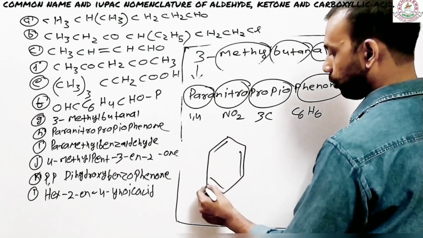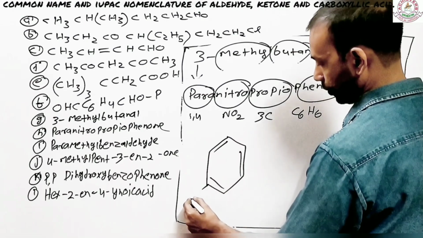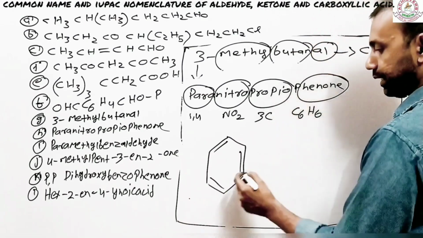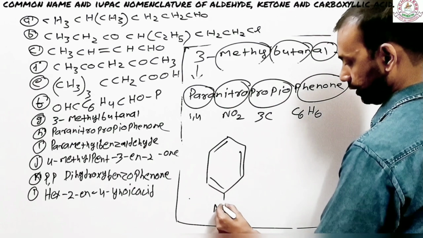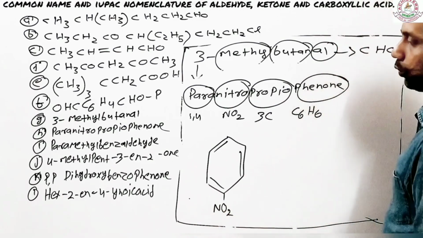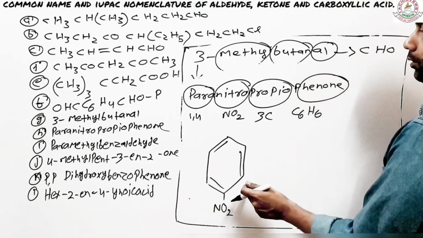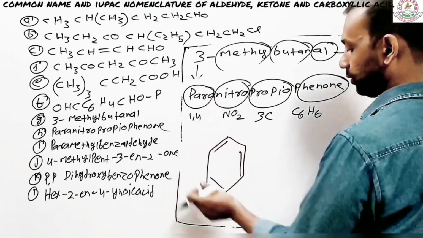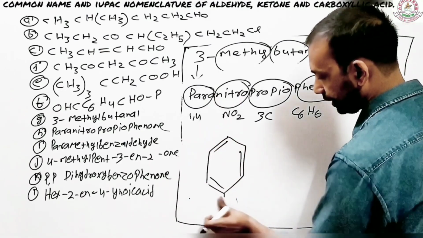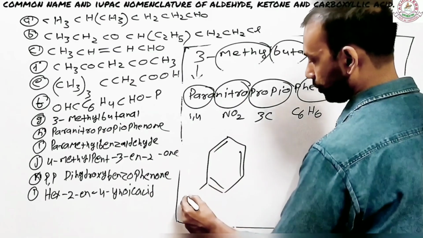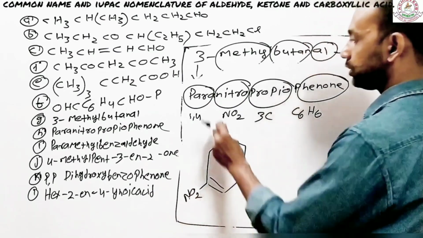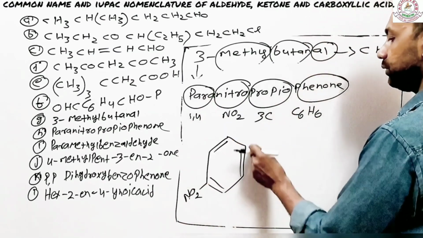Now, place anywhere you want this nitro, like I'm placing it right here. Since it was a para position, there is lack of space, so I'm placing NO2 here. So this was para. So this is 1, 2, 3, 4.